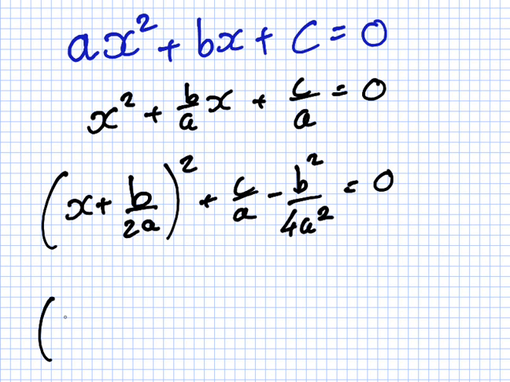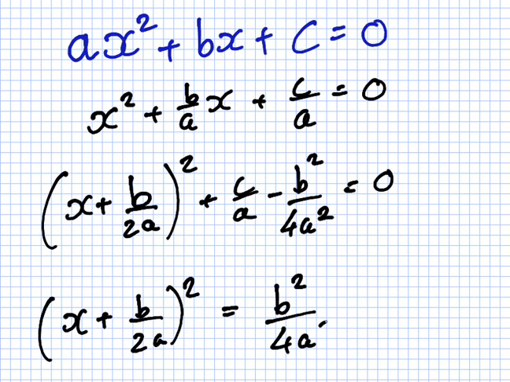So what I'll do next is I'll bring those two pieces to the right. So now I have b squared over 4a squared minus c over a. Now the roots.